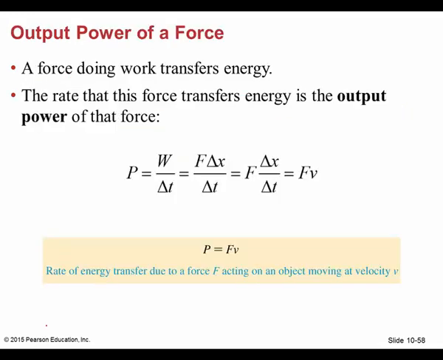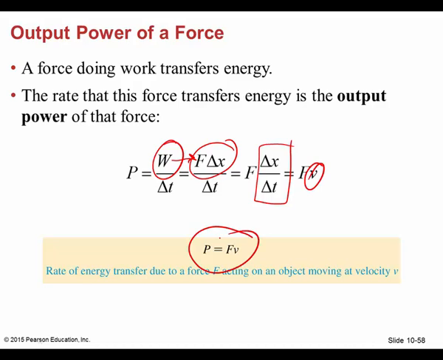And we can also write it this way. If we take work being the force applied through a distance, because that's what work is, notice what it becomes. It becomes the change in displacement through a change in time interval. Well, y'all, that's velocity. So we can also find the amount of power if we know the force applied and the velocity at which that force is applied.